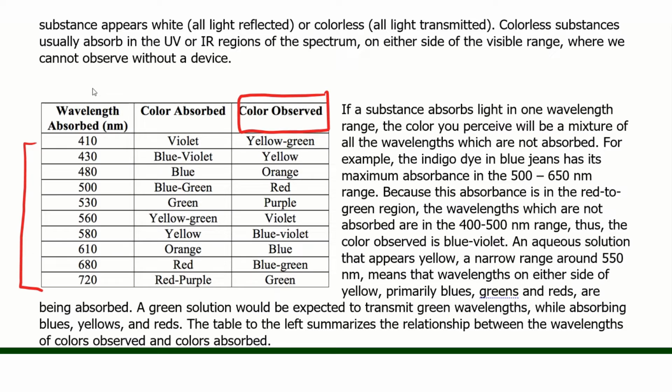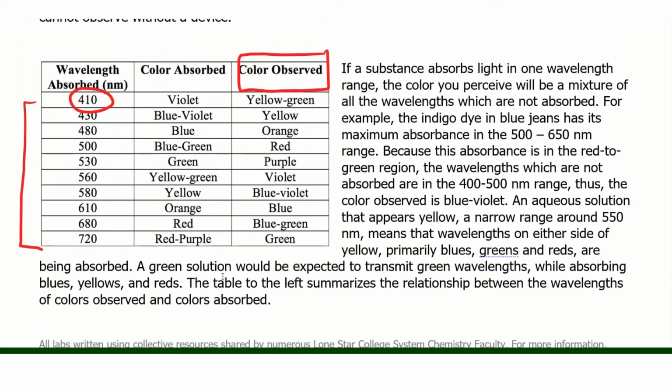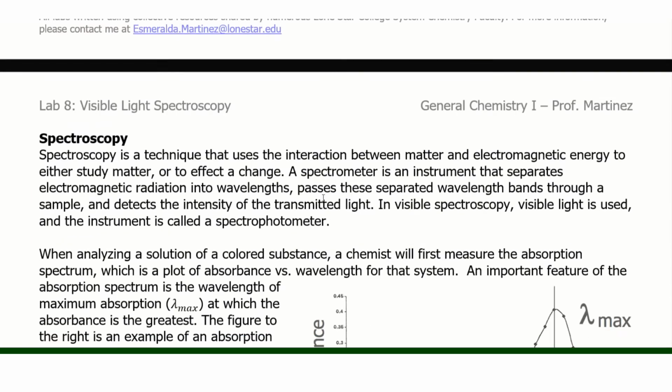By opposite, I typically mean opposite on the color wheel, but we don't need to get into that. The main idea is that a color is being absorbed based on its wavelength, so you will observe a color based on that. This table summarizes those relationships, and the paragraph above explains that.